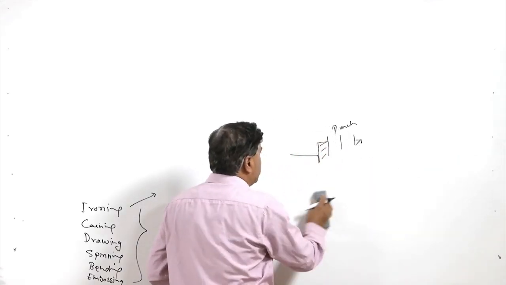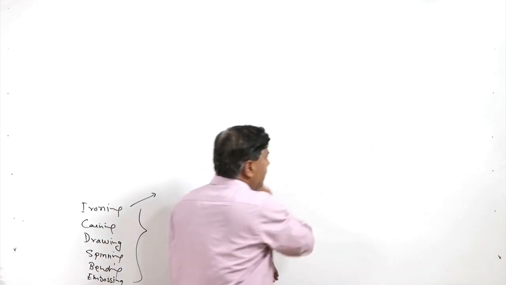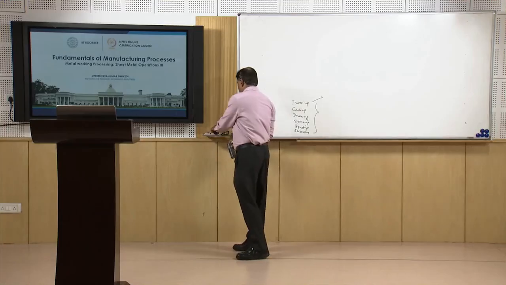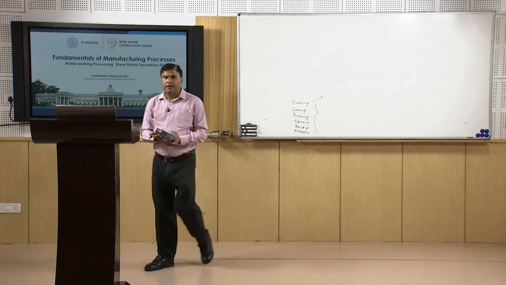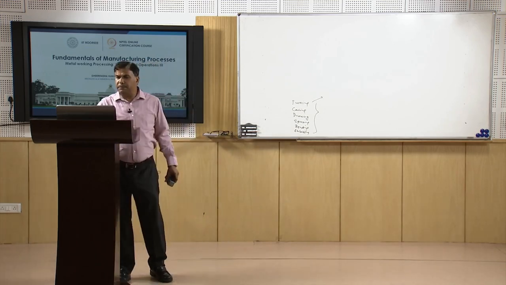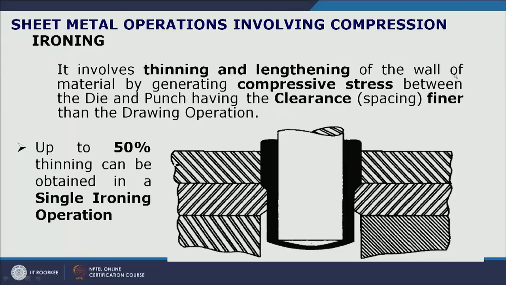The same thing is explained using this diagram. Ironing involves the thinning and lengthening of the wall of the material by generating compressive stresses between the die and punch.